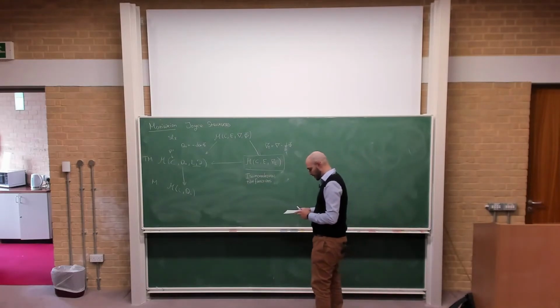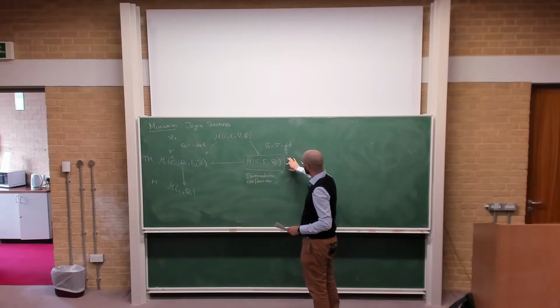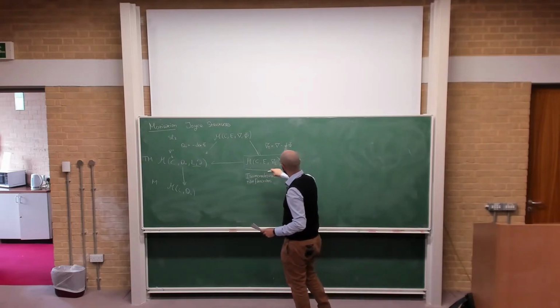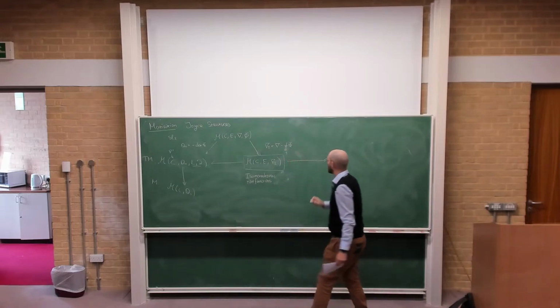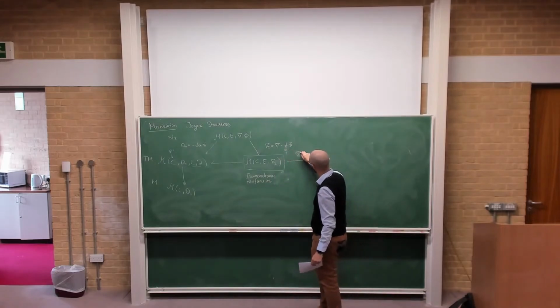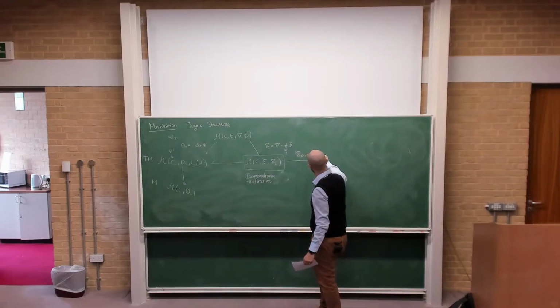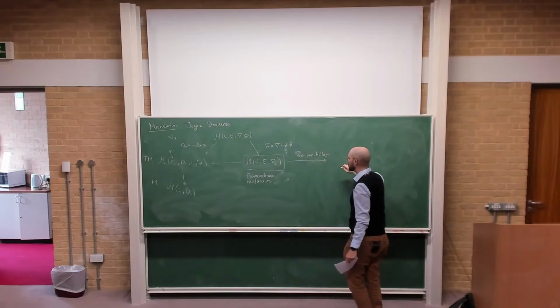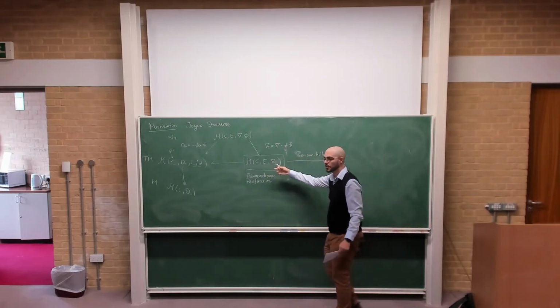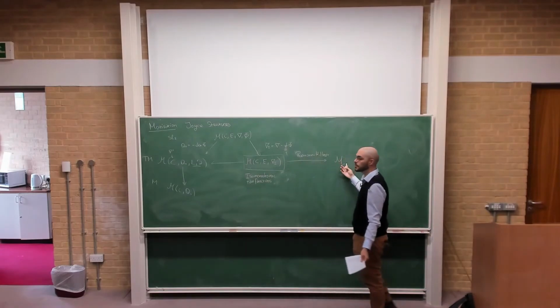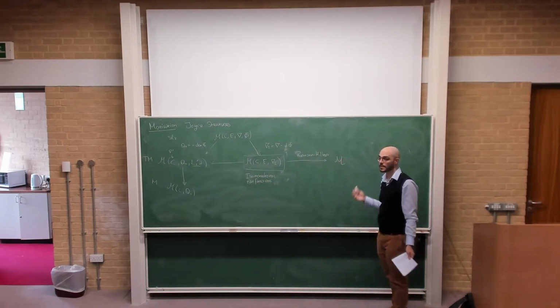So here you have a vector bundle with a flat connection on a curve, and you have what is called the Riemann-Hilbert map. And this associates to the space, so you have some flat connection, you associate to it its monodromy.